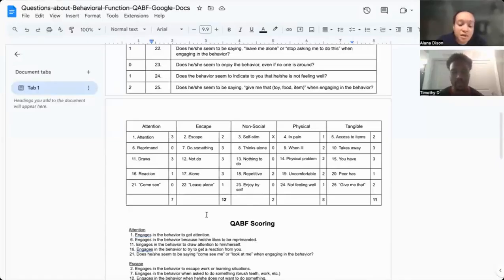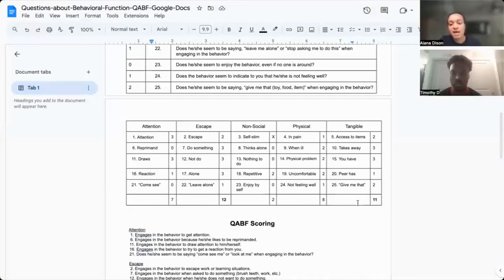But another thing you would also have to be mindful of is, let's say escape had 14 and the rest of them had less than 6, then escape would definitely be a top contender. But because so many of the scores on here are close, this wouldn't really be a good representation of what the function would be.